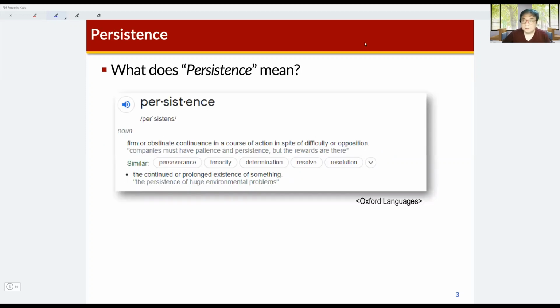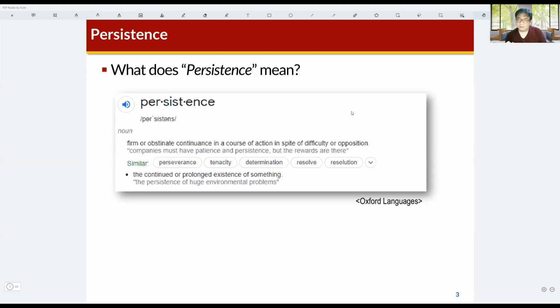Okay, so let's start from the terminology persistence. In the previous class, I recommended you to read chapters 30 to 35.